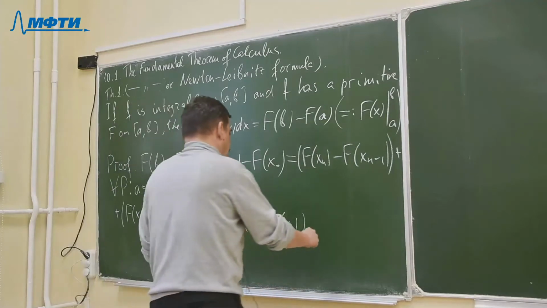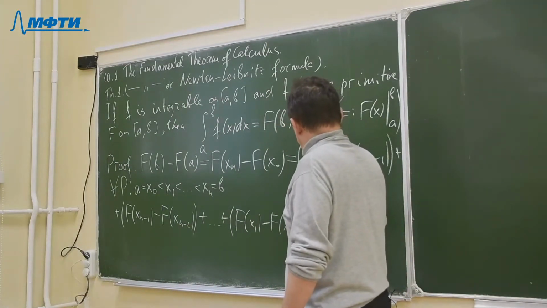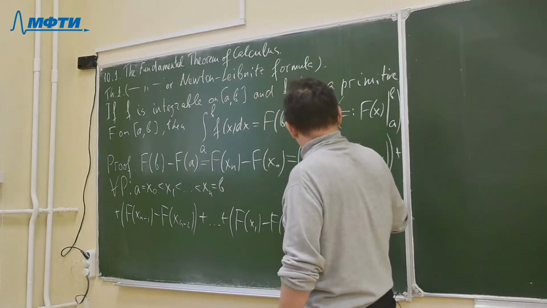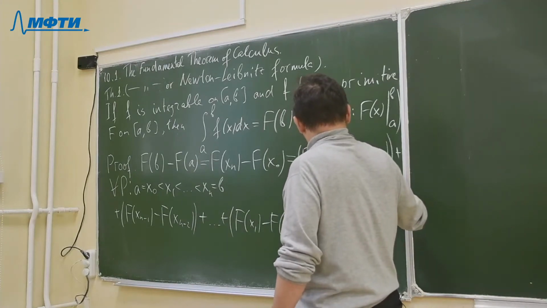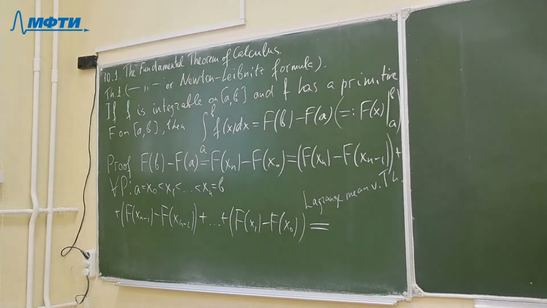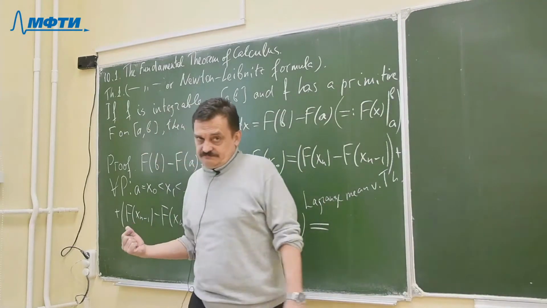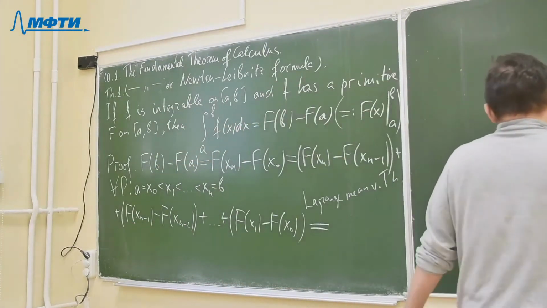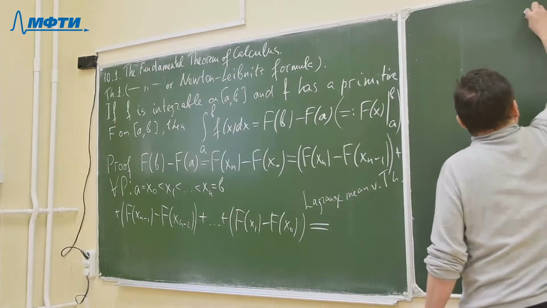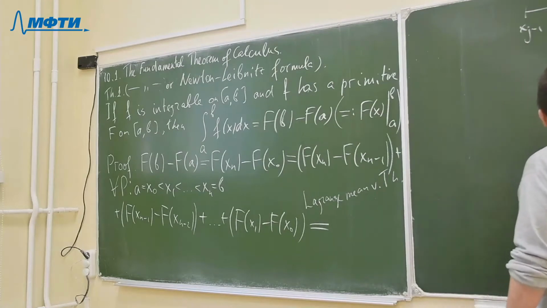Then we apply the Lagrange mean value theorem. How do we apply it? We apply it to each of the terms in brackets. So you see, for one term we have the interval xj minus 1, xj, right?